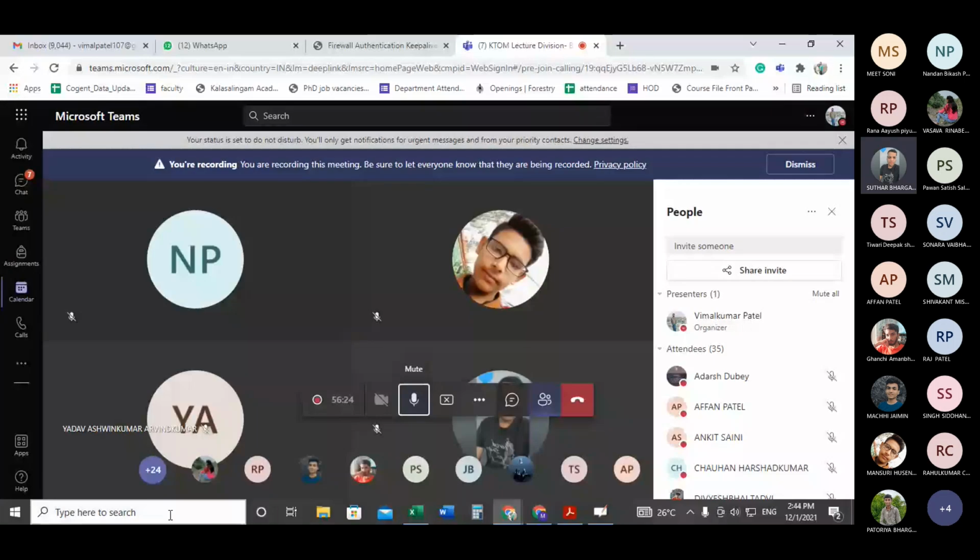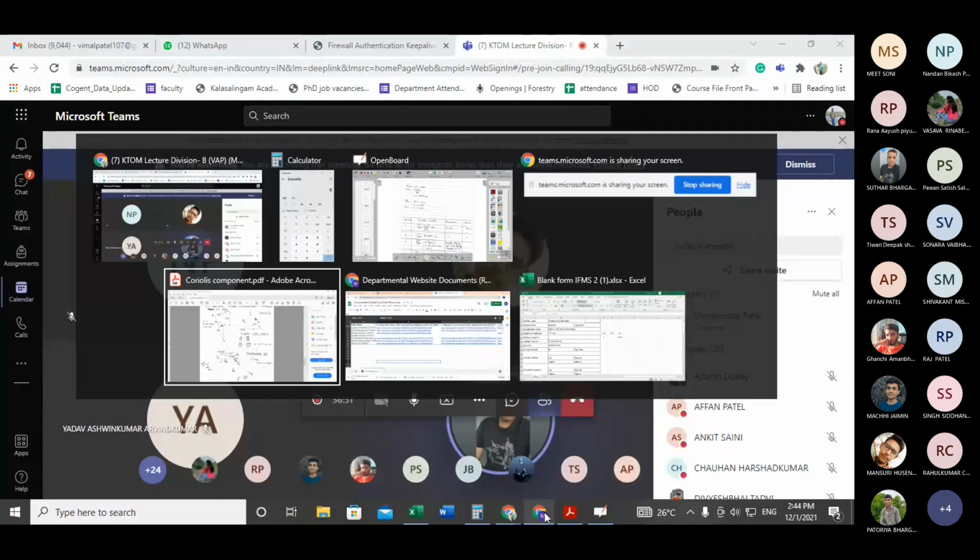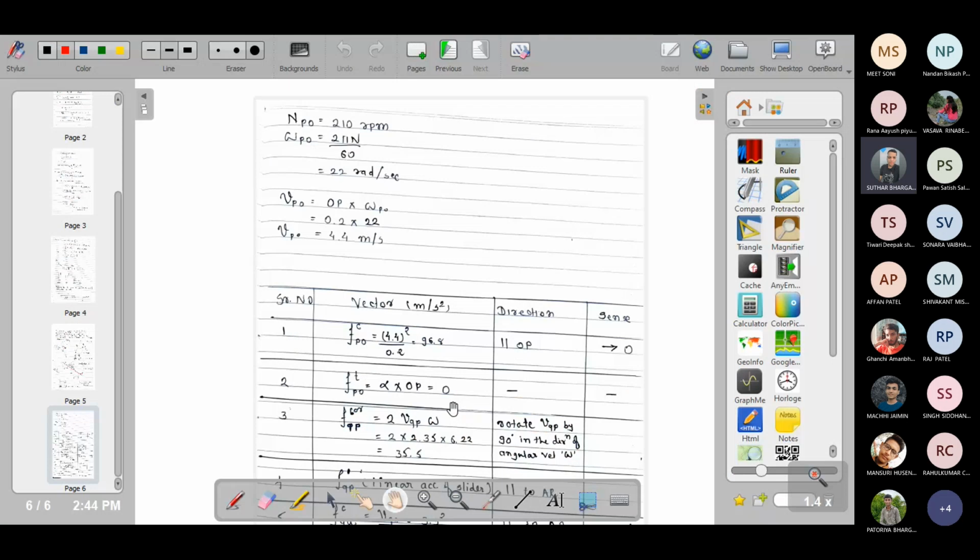Sir, velocity of CO we have to find, sir. Velocity of CO will be calculated in the Coriolis component. What is CO? No, omega. This vector it is fine.